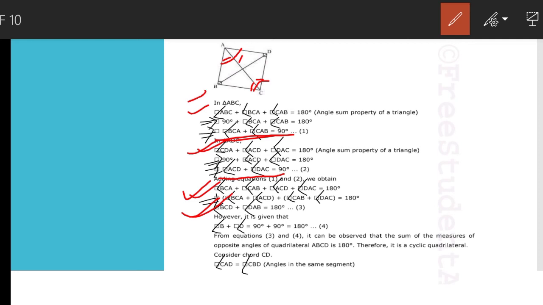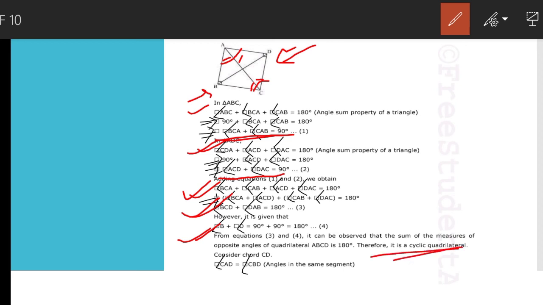However, B and D individually are 90 degrees each. So if we add them, we will get angle B plus angle D is 180. So from equations 3 and 4, we can see that the sum of the opposite angles is 180 degrees. Hence it forms a cyclic quadrilateral.